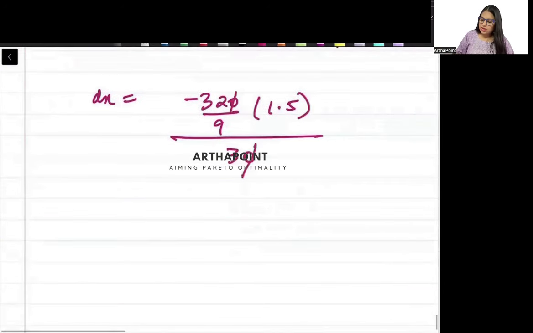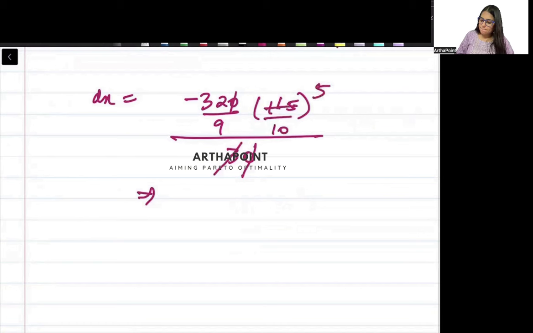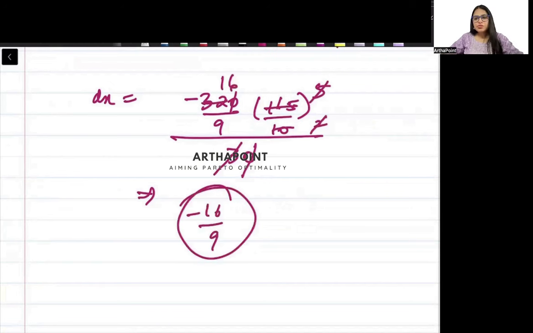So this and this will get cancelled, and you will get minus 16 by 9 as the answer. Right? So if you are increasing the skilled labor by 1.5 units, you must decrease the unskilled labor by 16 by 9 units to keep the output unchanged. Okay, beta. Thank you.